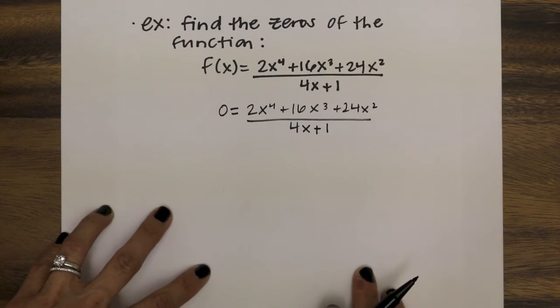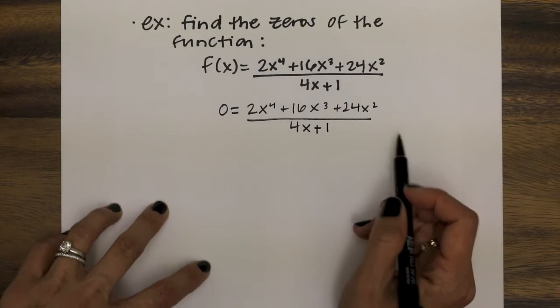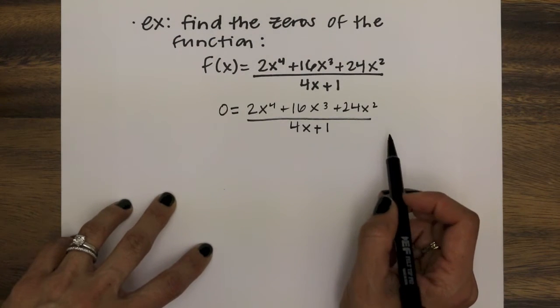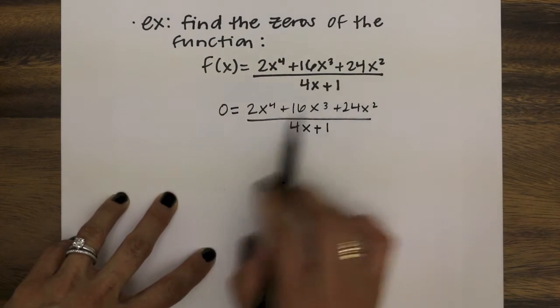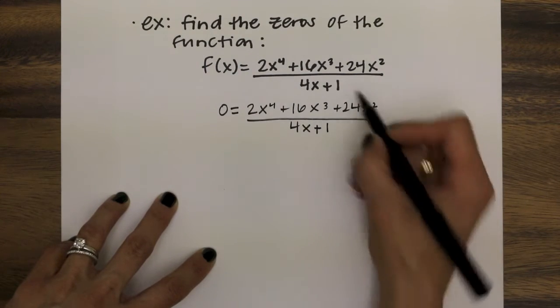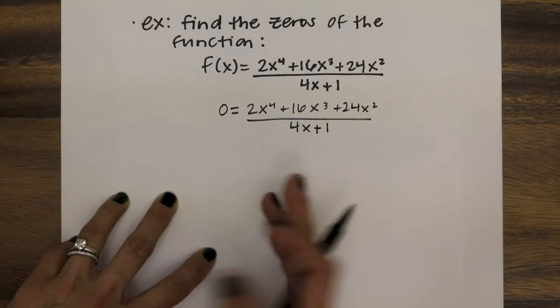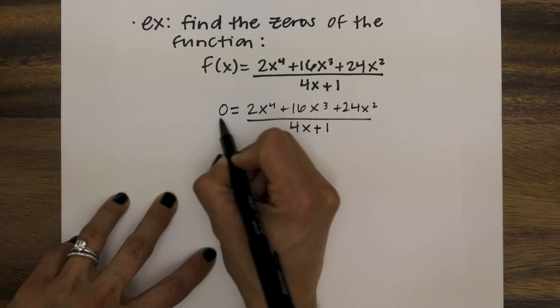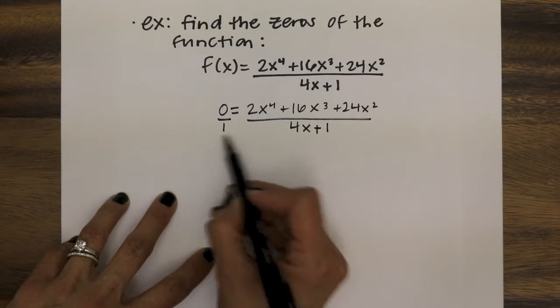And this is kind of our first look at solving an actual rational equation. What we're going to do is, you can do this in a couple of different ways. The first method I want to look at in this example is we're going to put the 0 over 1 and think of it like a proportion.